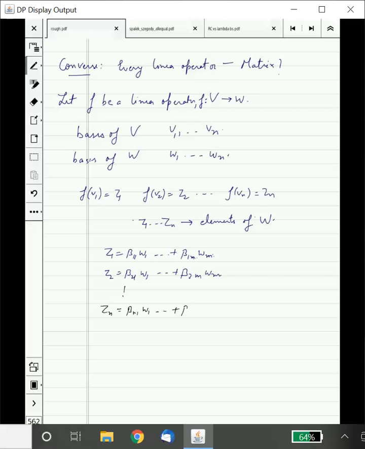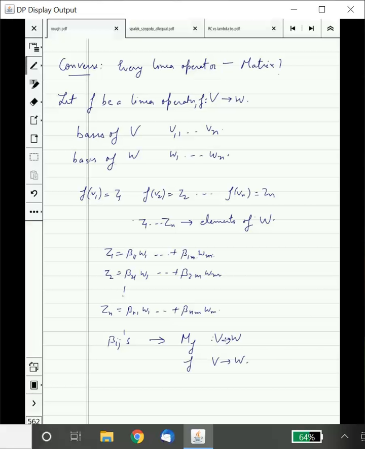And now you might already see a matrix forming. My claim is that if you just rearrange these beta ij's, you will find the matrix MF whose action on V to W is same as action of F on V to W. Again, you should do this manipulation and convince yourself that this is the case.